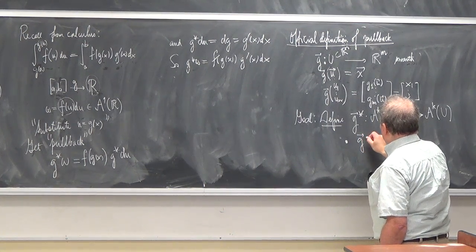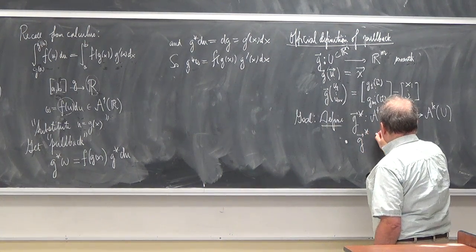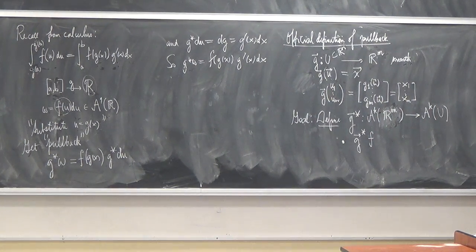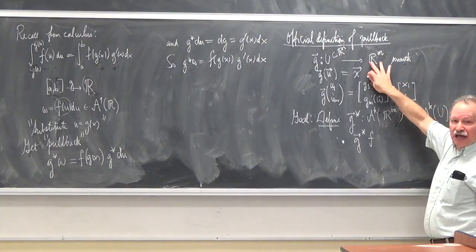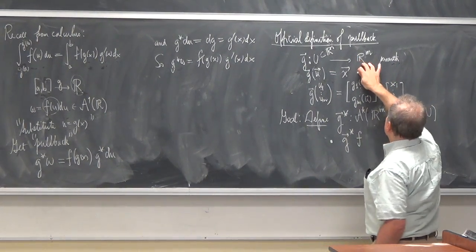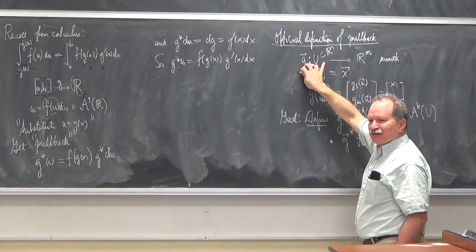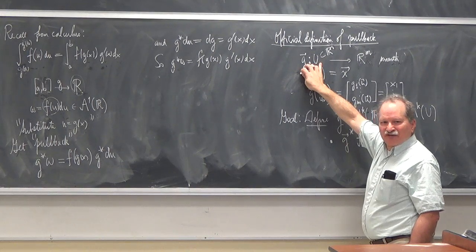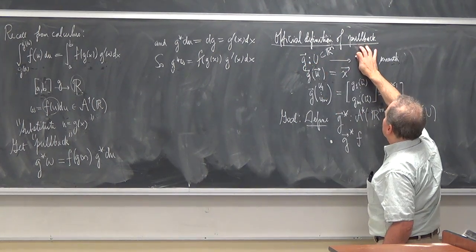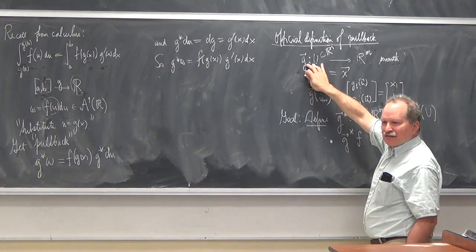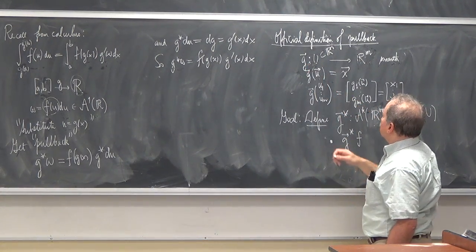The way you pull back a function: if you have a regular plain old smooth function, how do you get a function here and turn it into a function here? You've been doing this for years. You have a function here, how do you make it start back here instead?